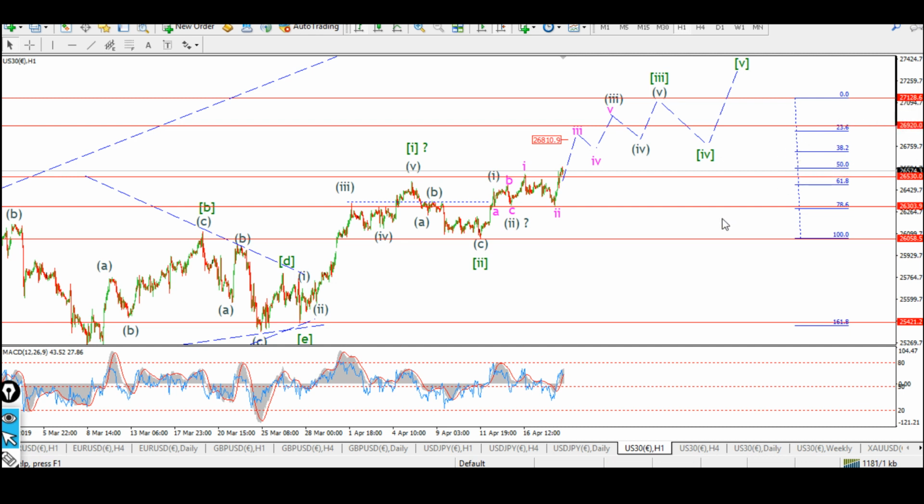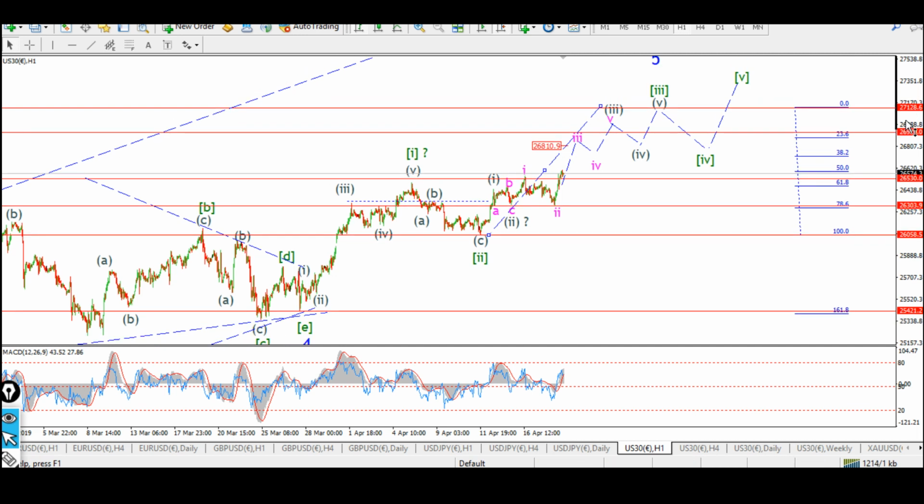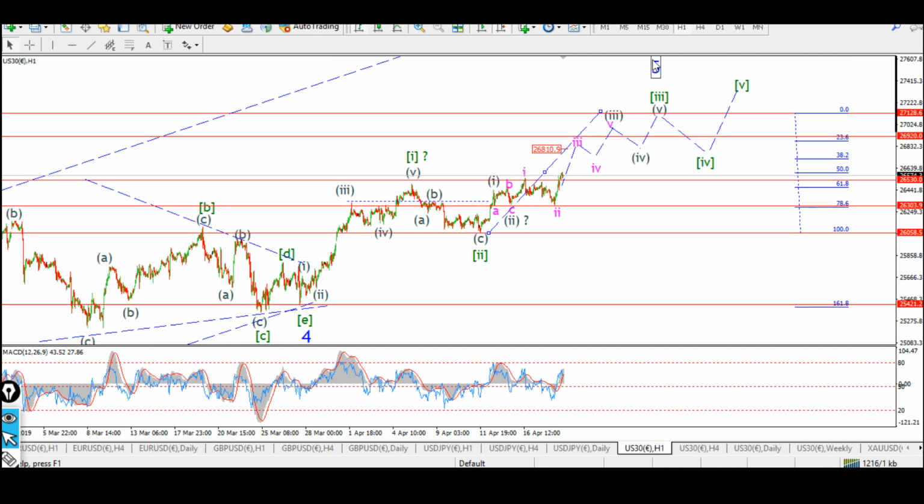So that'll bring us to a new all-time high, and that's where wave 1 and wave 3 would reach equality, and then we'd have a smaller rally again to the upper 27s to bring us out to wave 5.